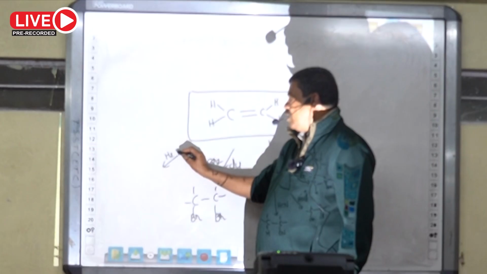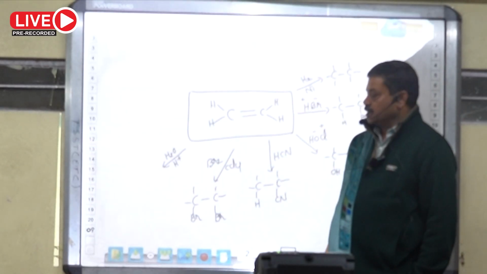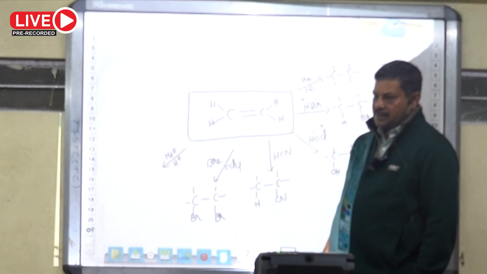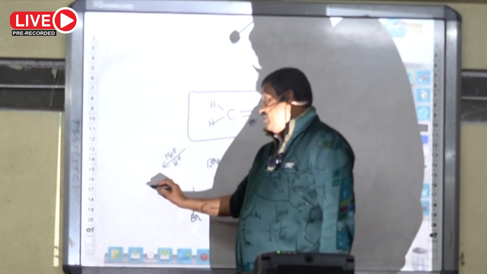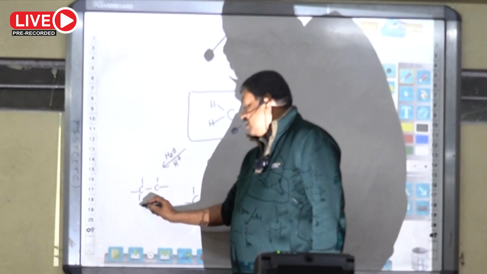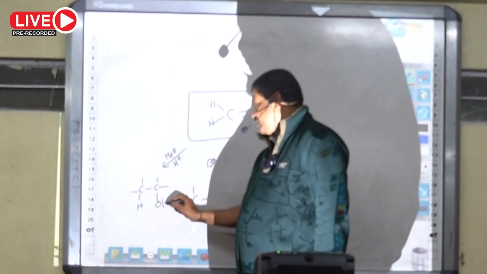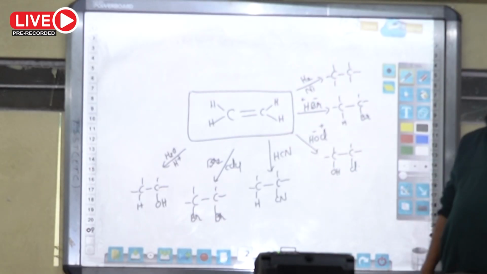If you add water in the presence of H plus, Dr. Tony, yesterday you asked this. 75% of the world's supply of ethyl alcohol comes from this reaction: ethylene to ethyl alcohol.